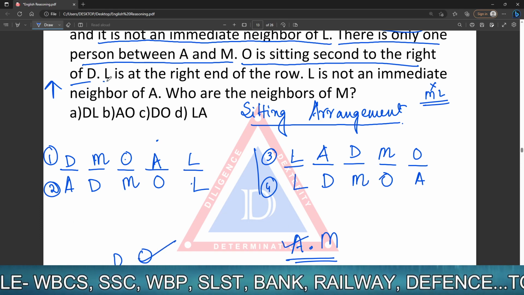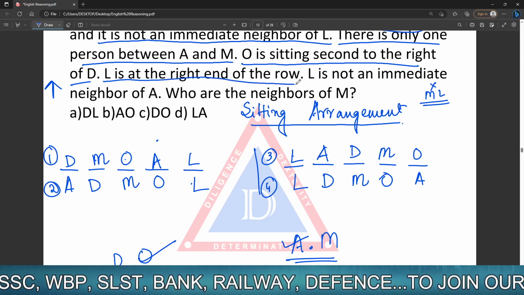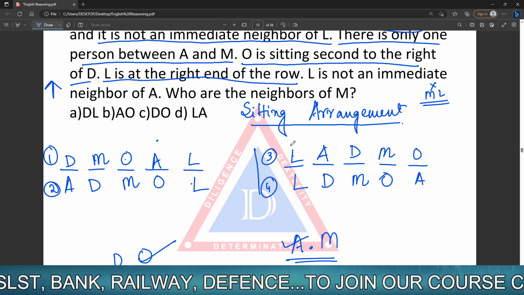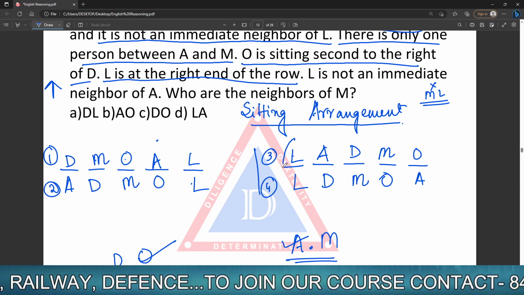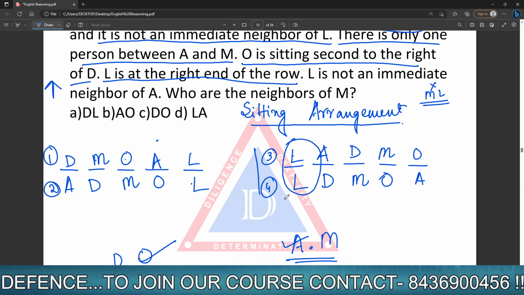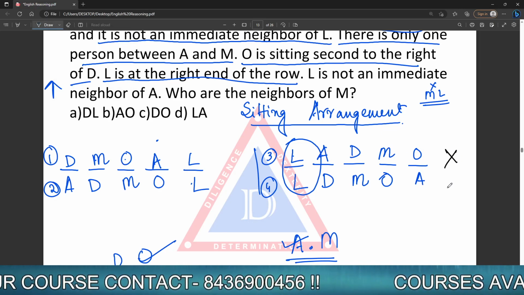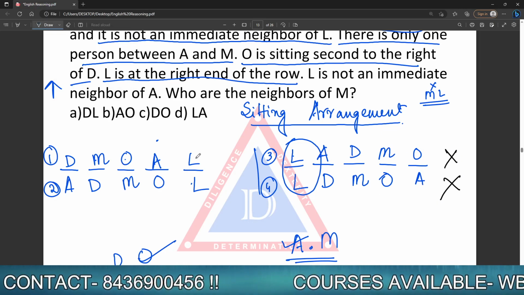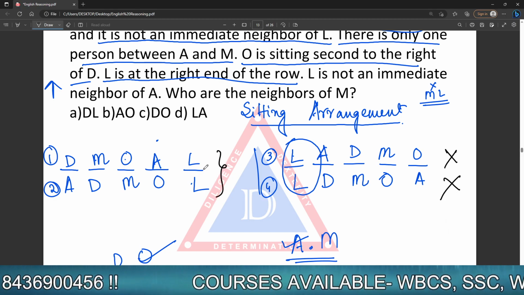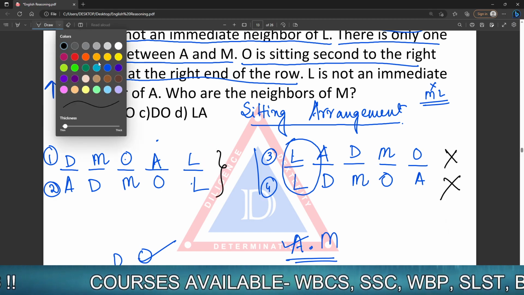Now, L is at the right end of the row. We can see in these two cases, L is at the left end of the row. So these two cases are cancelled out, and we are left only with these two possible scenarios.